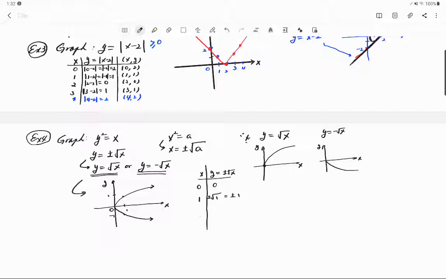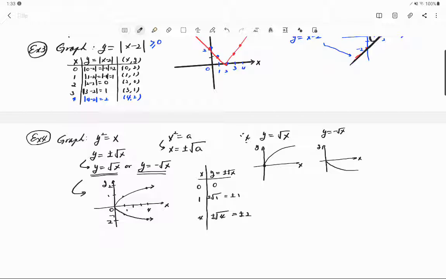Let's use x equals 4. Then plus or minus square root of 4 is plus or minus 2. So when x equals 4, y equals positive 2 or negative 2, and so on.